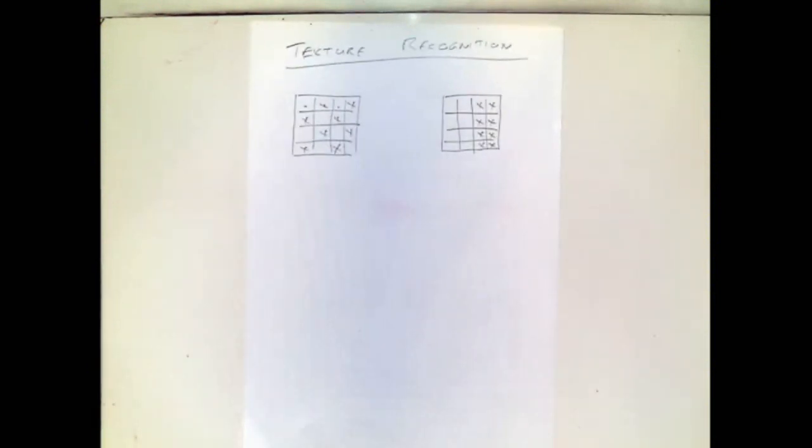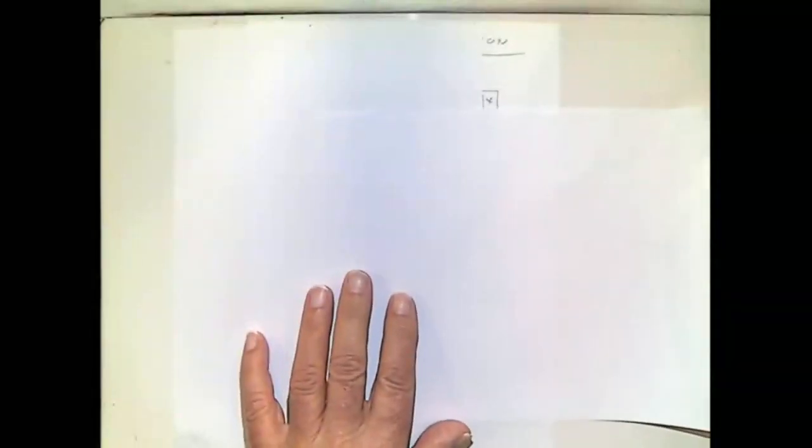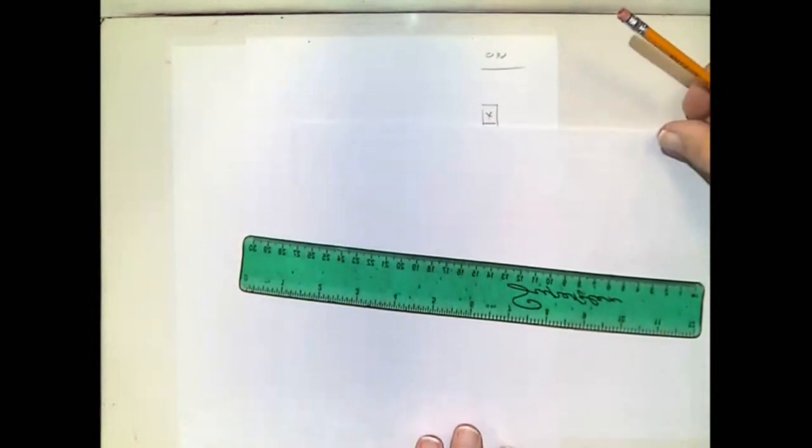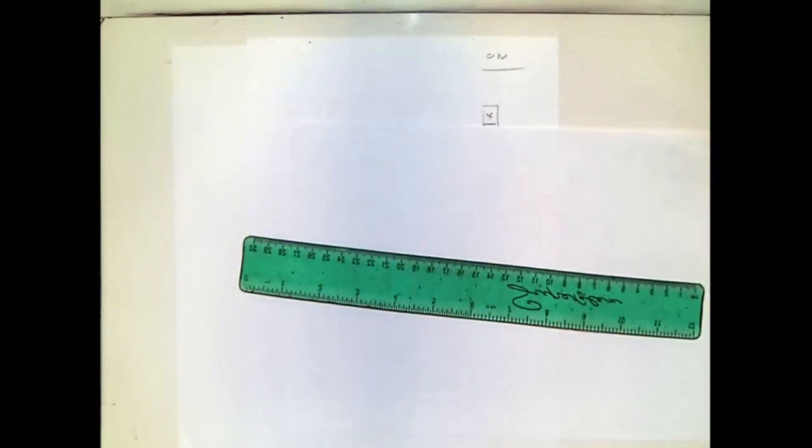And taking a single pixel, can I take a single pixel from this? Yes, I can, I guess. There's a single pixel, it's black. You can't say anything about the underlying texture. It could have been the first image, it could have been the second image.